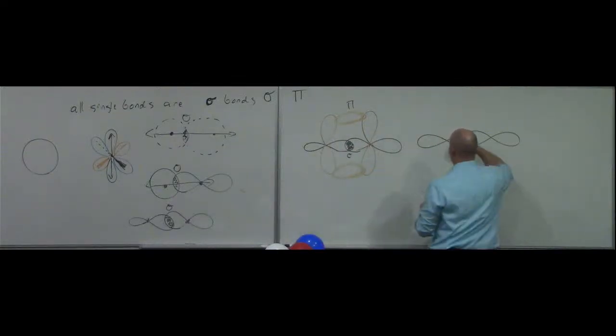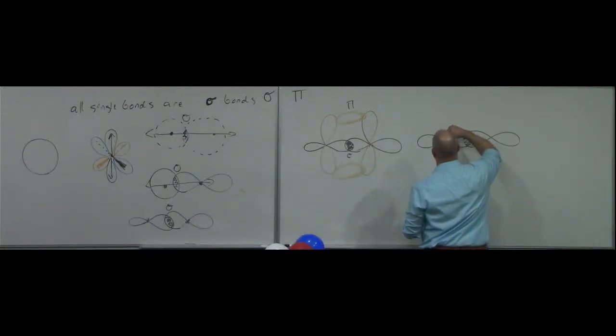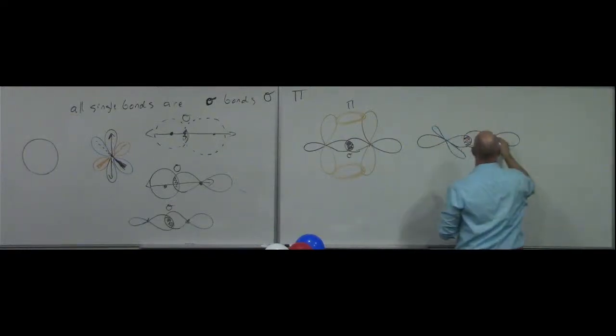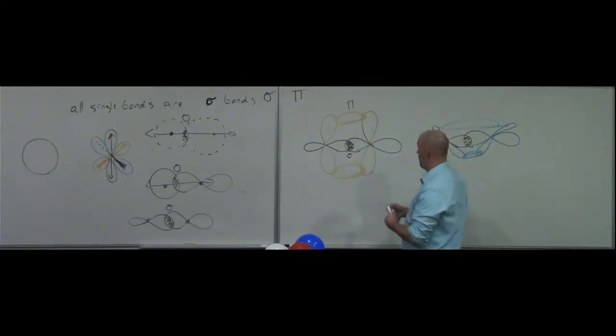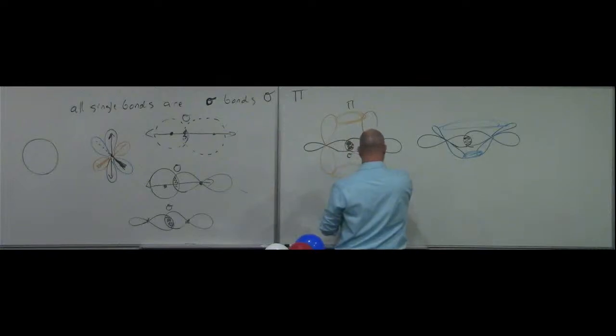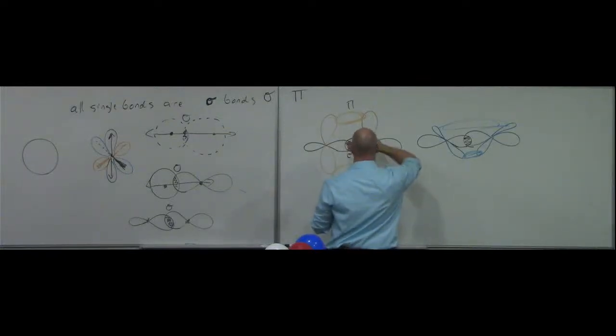And now I could try to show it this way. Now I've got a bond happening here and a bond happening here. In both these cases, I understand that I've got other p orbitals here, right?